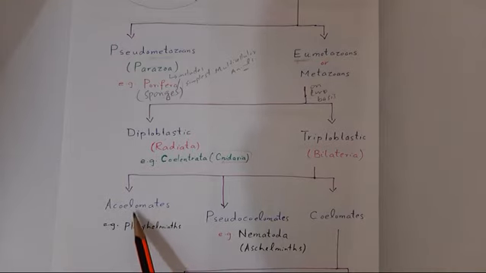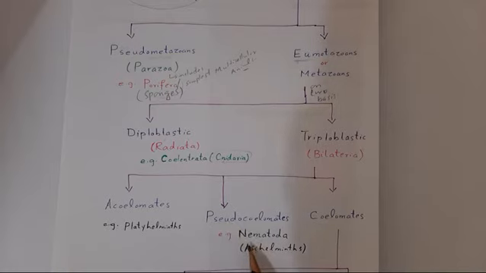Acoelomates have no body cavity, no coelom. Example of acoelomates is Phylum Platyhelminthes. Those which have false coelom or body cavity are called pseudocoelomates. It includes Phylum Nematoda, or Aschelminthes. And those triploblastic animals which have true coelom, true body cavity, are called coelomates.